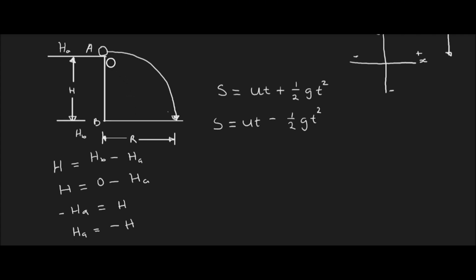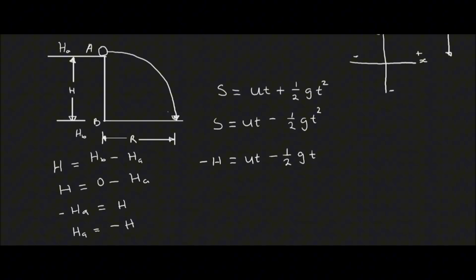That means our height here is just like a displacement, negative h. So because we want to find the distance traveled by this object, let us replace x with negative h. So our equation will now be negative h equal to ut minus half gt square.